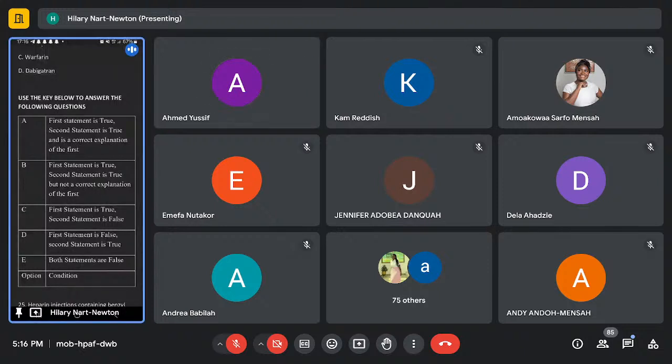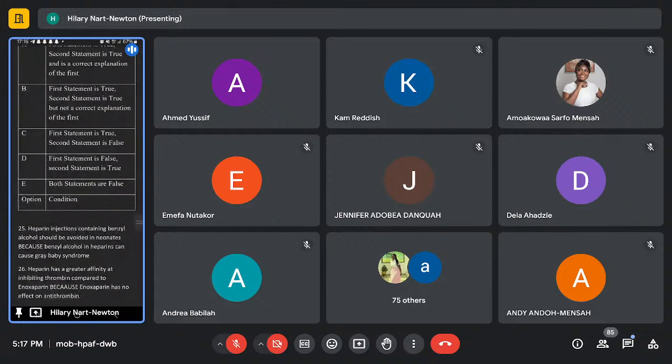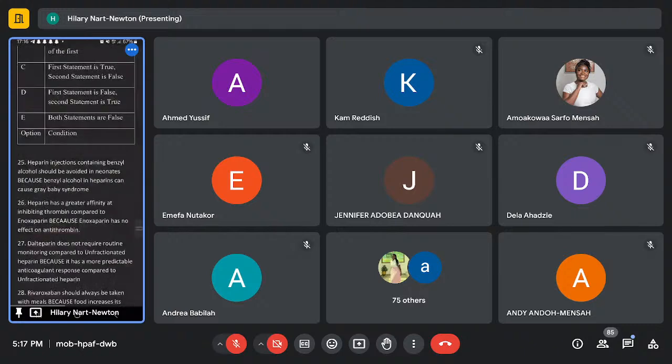Use the key below to answer the following questions. A. First statement is true. Second statement is true and is a correct explanation of the first. B. First statement is true. Second statement is true, but not a correct explanation of the first. C. First statement is true. Second statement is false. D. First statement is false. Second statement is true. E. Both statements are false.